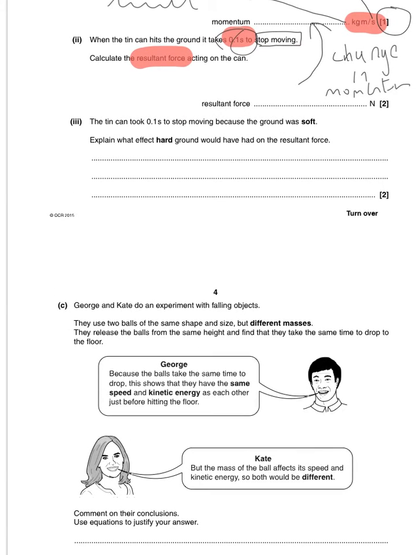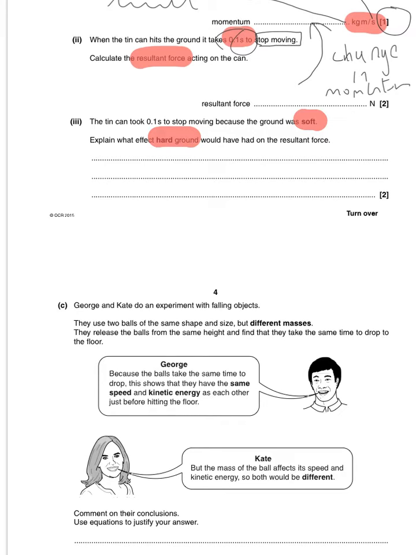Now, this is the first one where we're not expected to do a calculation. So it says the tin can took 0.1 seconds to stop moving because the ground was soft, and they've highlighted that word. Explain what effect hard ground would have had on the resultant force.